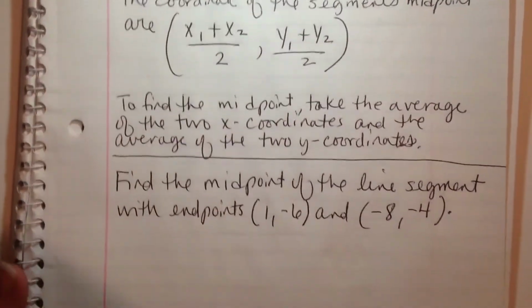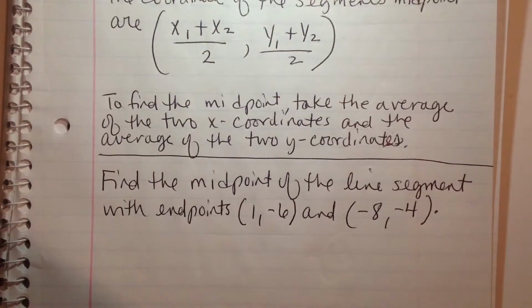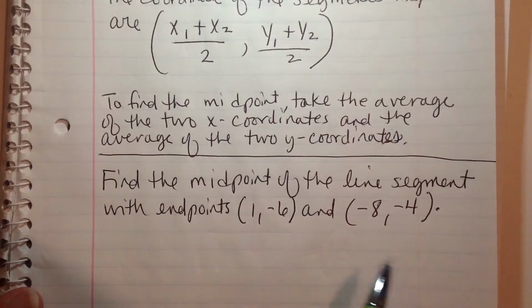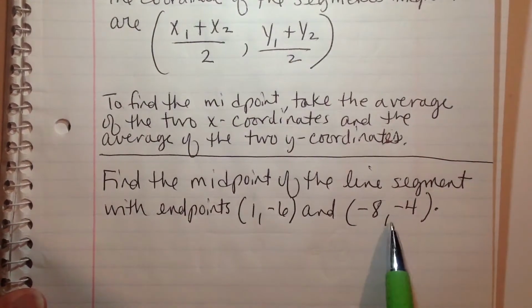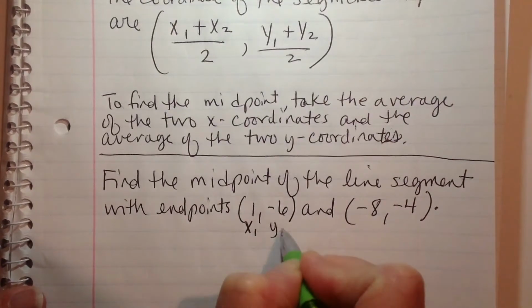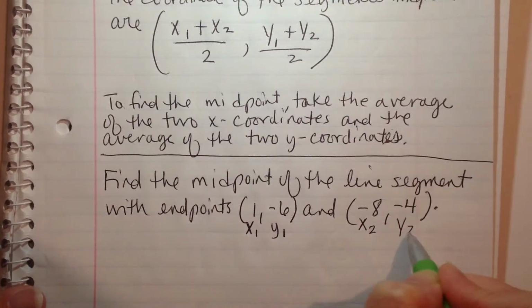So let's use this formula to find the midpoint of the line segment whose endpoints are 1, negative 6, and negative 8, negative 4. So let's label these points. This is like point 1, x sub 1, y sub 1. This is like point 2, x sub 2, y sub 2.